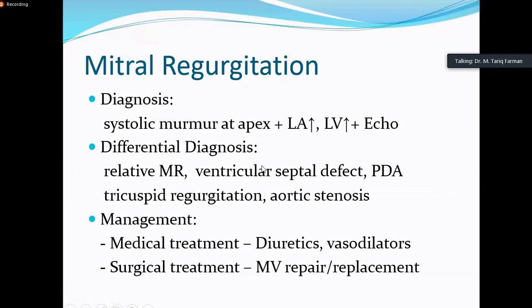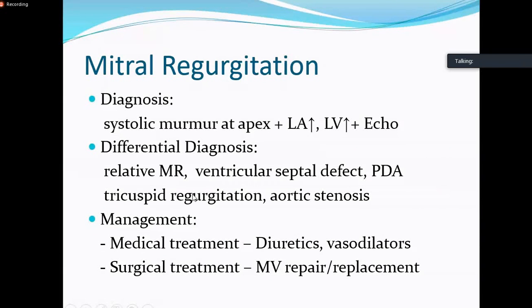In case of VSD, there is a harsh systolic murmur over the left lower parietal area. In PDA, as I have mentioned, there is a machinery-like murmur, systolic as well as diastolic.